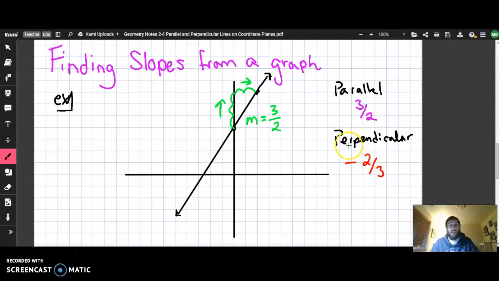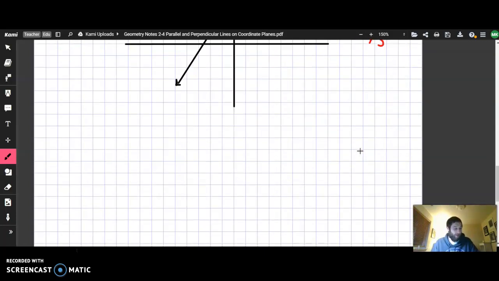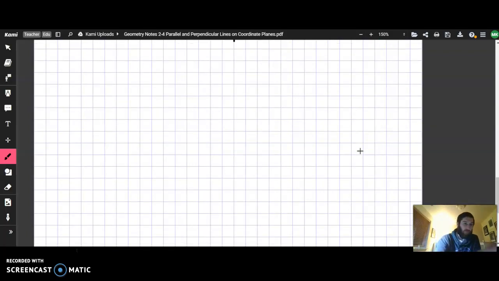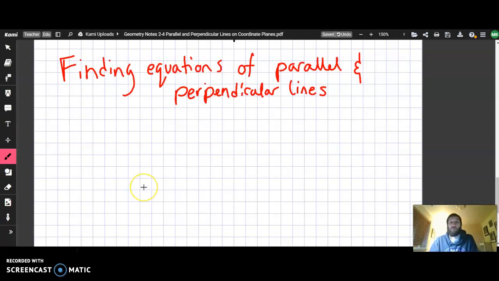The application for this then, looking at the next example, is what is an equation that is either parallel or perpendicular to the existing line going through a new separate point, so a new line's equation. And so we're finding equations of parallel and perpendicular lines.